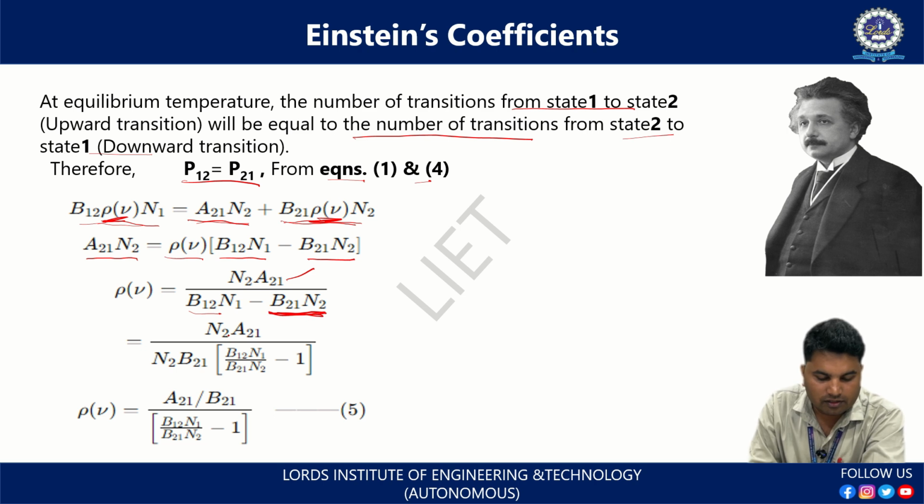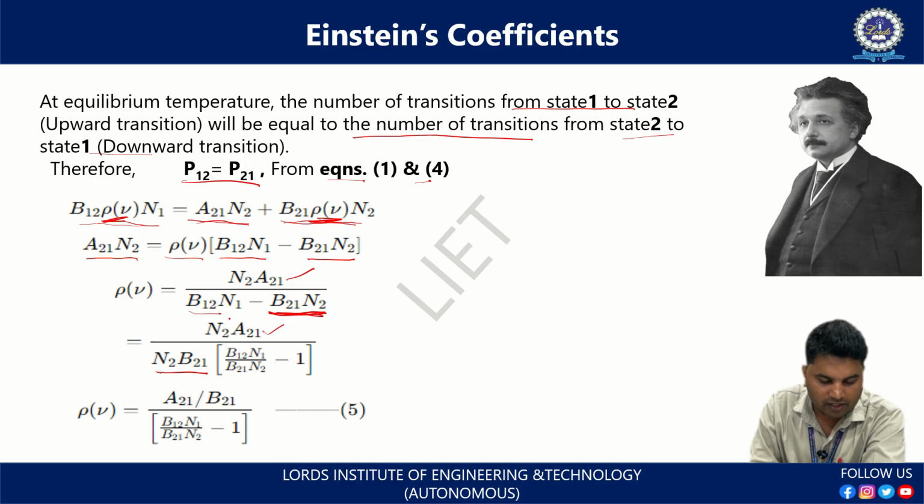So, N2 as it is, A21 as it is, divided by the common term we are taking here, N2 B21. Then B12 N1 as it is, since we are taking the common, it will come to the denominator, and the equation will now be B12 by B21 into N1 by N2 minus 1.